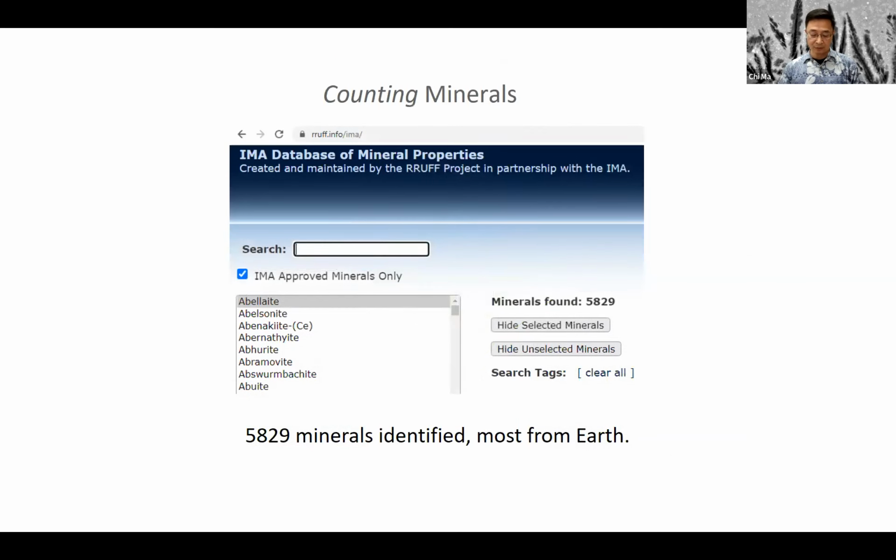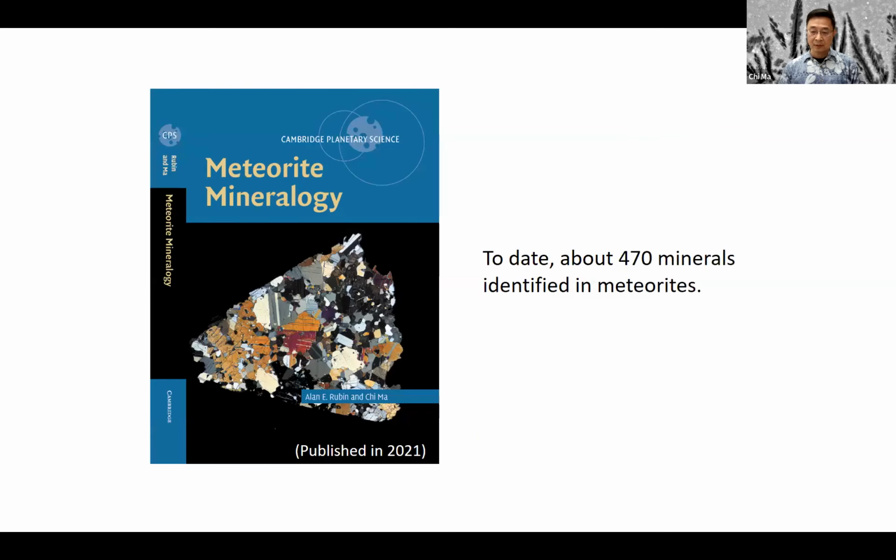All right, now let's look at minerals. I checked this morning at the RRUFF database. Now we have 5,829 IMA-approved minerals, most of them from Earth. So far to date, about 470 minerals have been identified in meteorites, as updated by Anna Rubin and me in this book published last year.